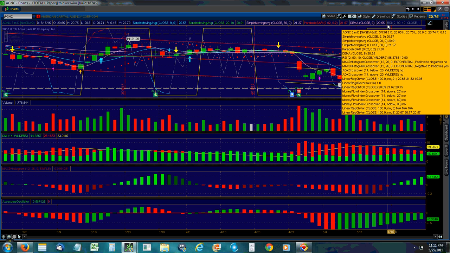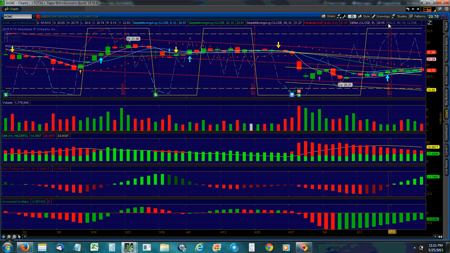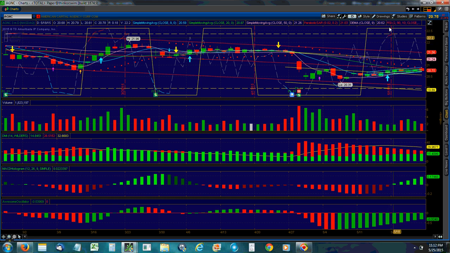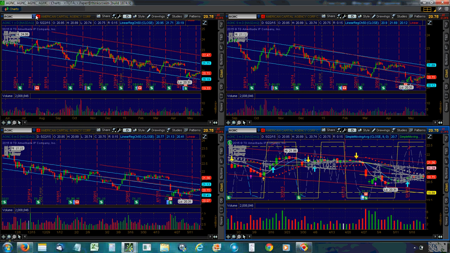For instance, here we have a MACD histogram crossover right in the middle of that yellow box. Negative to positive, that's showing a yes. So those are just some of the indicators. And I can quickly tell you that AGNC is trending down in all the periods.